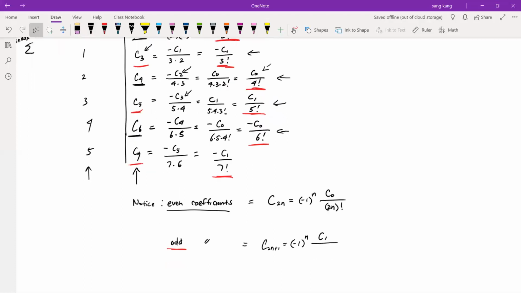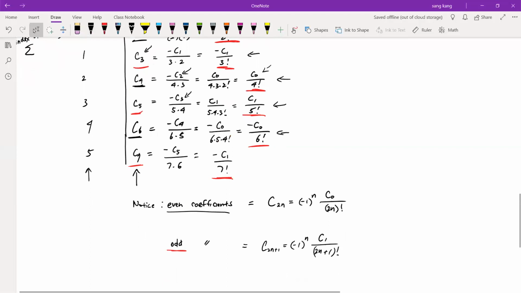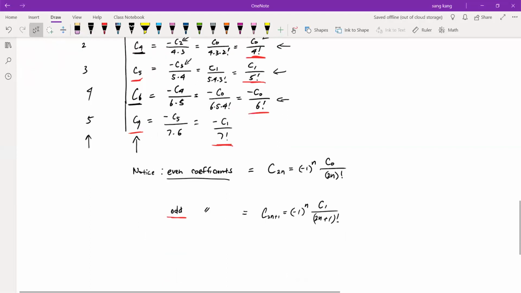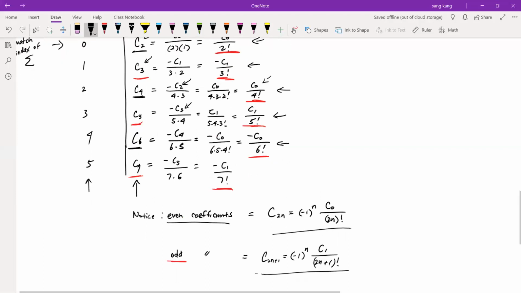So we'll have 2n, which makes it even, plus 1, that makes it odd. Again, you can do your sanity check there if you wanted, but this should be good. So now we've noticed these two relationships from our coefficients.